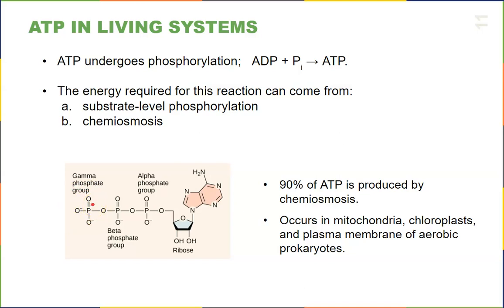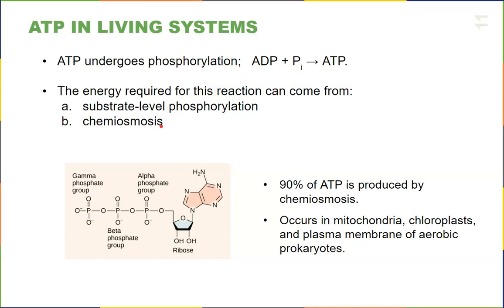One is substrate level phosphorylation, and the other is chemiosmosis. We're going to see substrate level phosphorylation in glycolysis and in the Krebs cycle, and then we will see chemiosmosis in the electron transport chain.